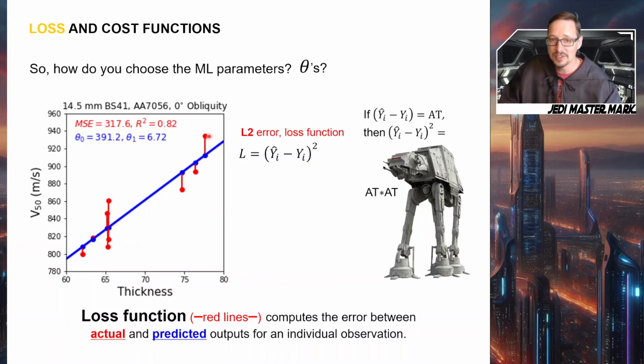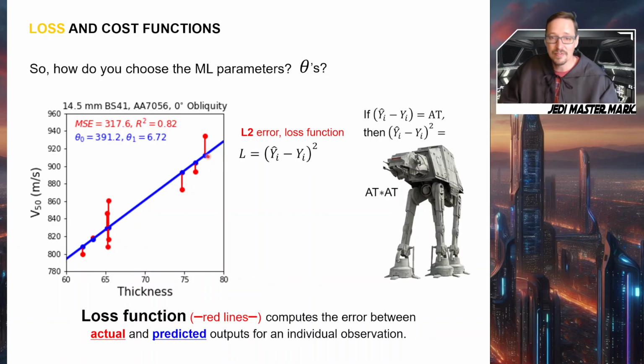One way is just to take the difference between the two. Now, this is going to give a positive value in some cases and a negative value in other cases. If you square that, that's going to eliminate the negative values, so now everything is positive.